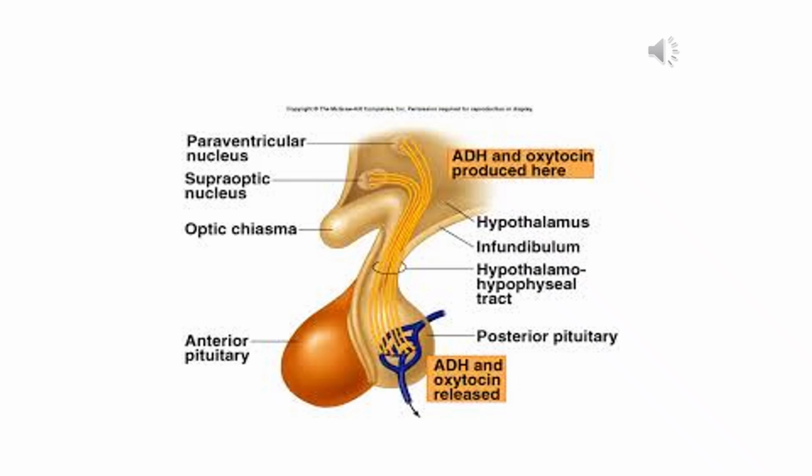So this illustration shows the relationship between the hypothalamus and the pituitary gland, particularly the 2 hormones that are stored in the posterior lobe of the pituitary gland. We will talk about the other 7 hormones on another slide, so let's move along to that.